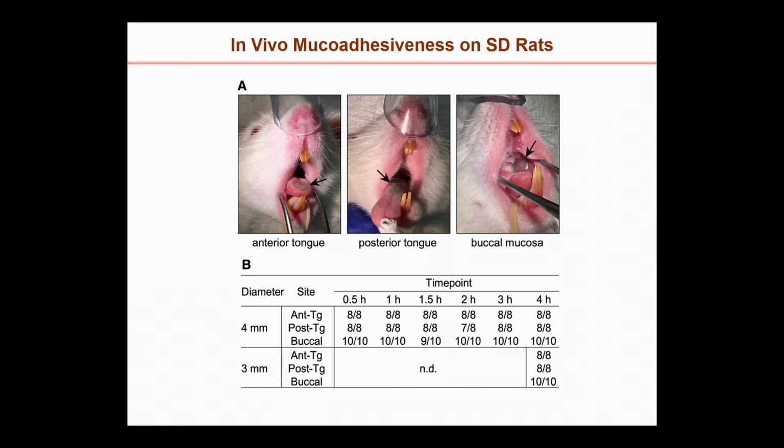So lo and behold, most of the patch stays in the in vivo conditions, where there's no mouth full of saliva. So this is mostly just one attachment. The side that's attached is moisturized, but the surface side, the air side, is not immersed in fluid. So therefore, it stays better in vivo.